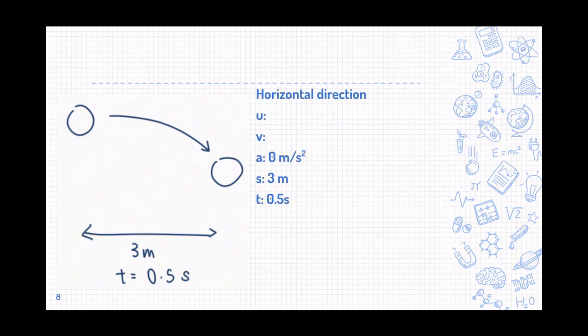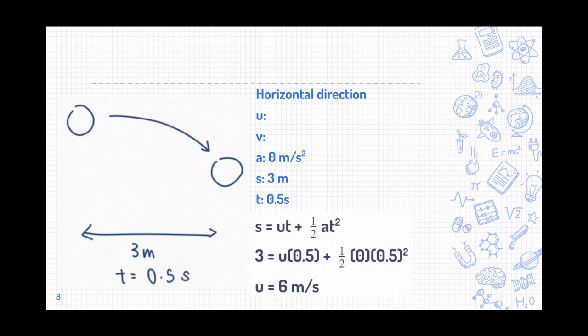The acceleration of the ball will be 0 meters per second squared. This is because acceleration of free fall acts downwards, not horizontally on the ball. It's also given that the displacement is 3 meters and the time taken is 0.5 seconds, and we are looking for the initial velocity. With these variables, we can use the second kinematic equation to solve for initial velocity.